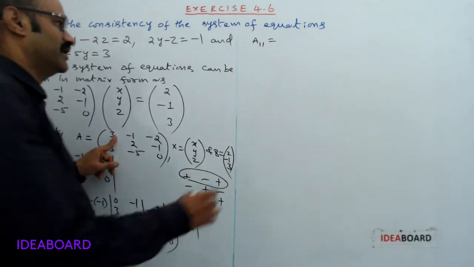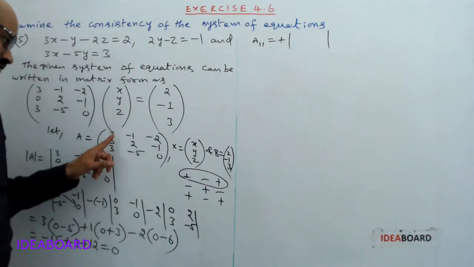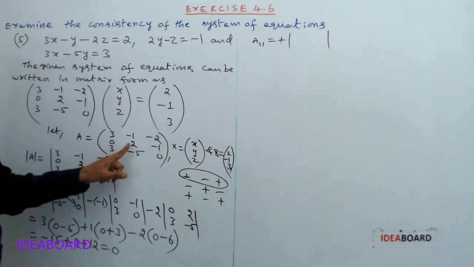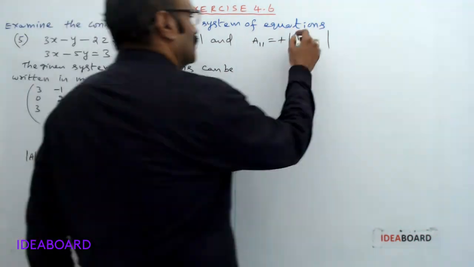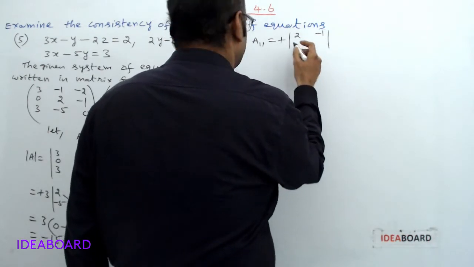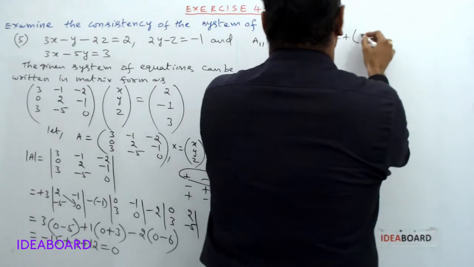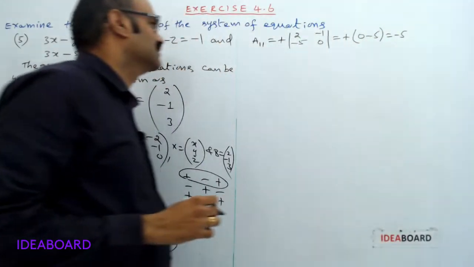So here first we have to take plus determinant of the element 3 lies in first row and first column. So we have to take the elements 2, minus 1, minus 5, 0. So we have 0 minus 5, so equal to minus 5.